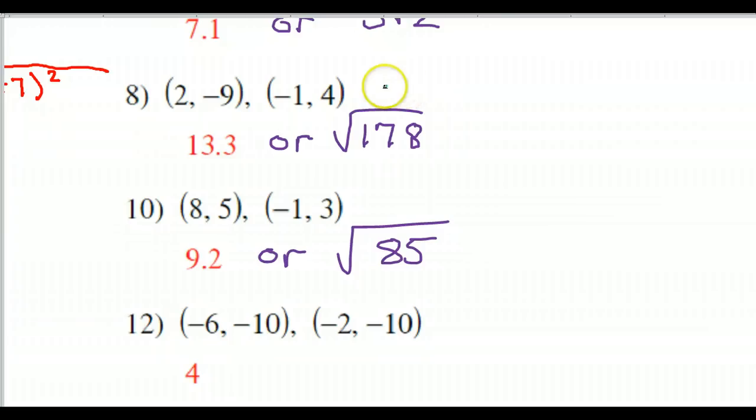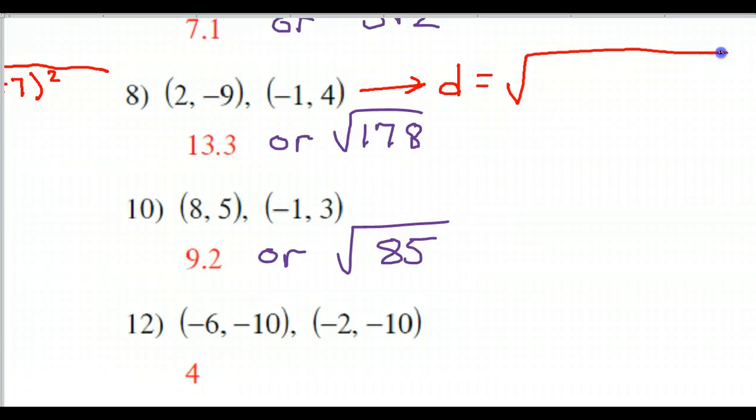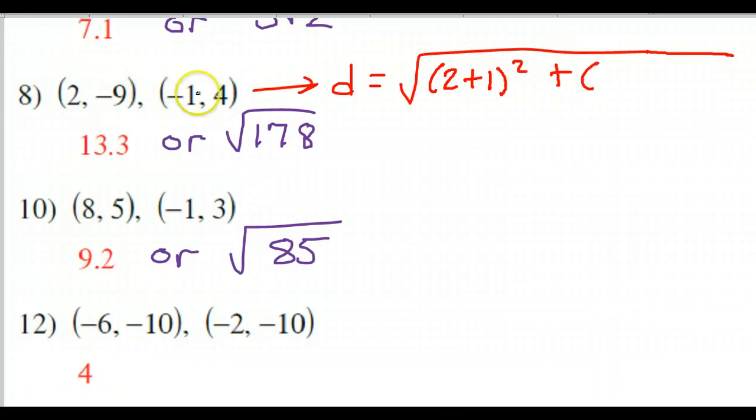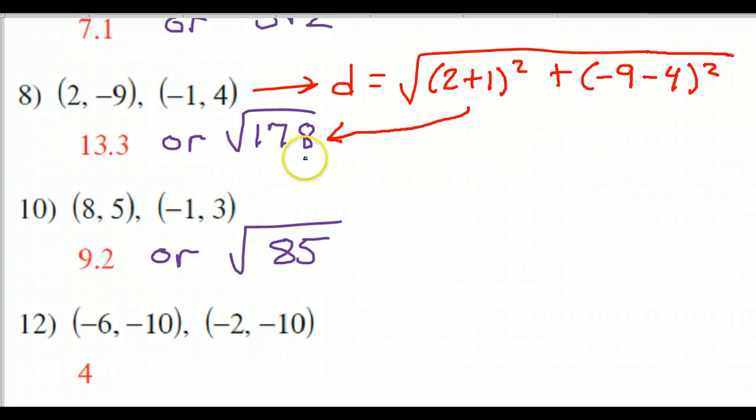Looking at number 8. The distance is the square root of x minus x, so 2 plus 1 squared, plus y minus y, so -9 minus 4 squared. Put that in your calculator, you should get square root of 178, which is the same thing as 13.3.